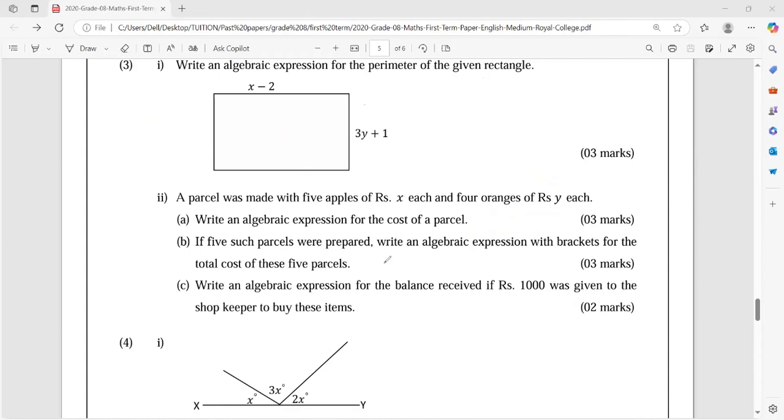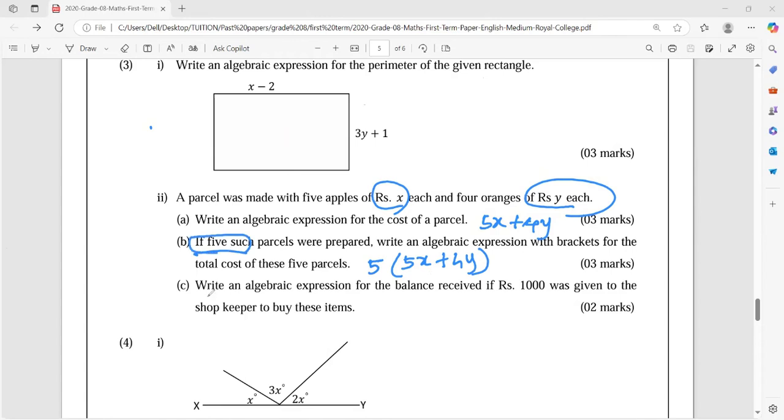So the total cost will be 5x plus 4y, multiplied by 5. Because with brackets you have, right? This is the total cost for 5 such parcels.